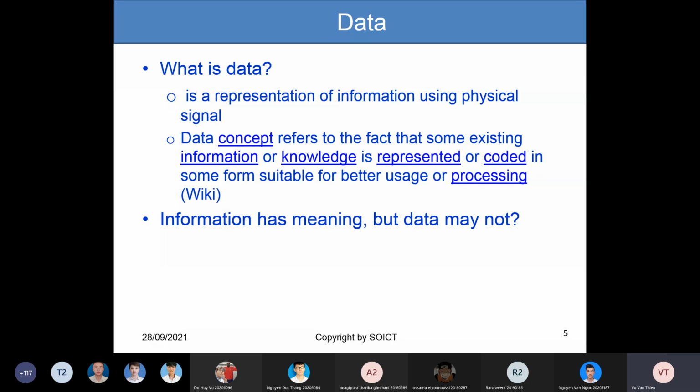So in other words, the data concept refers to the fact that something existing, information or knowledge, is represented or coded in some form that's suitable for better usage or processing. Okay, so data may be coded by physical signal as temperature, as humidity, or by text, or by picture, figure, or some number. That is data.